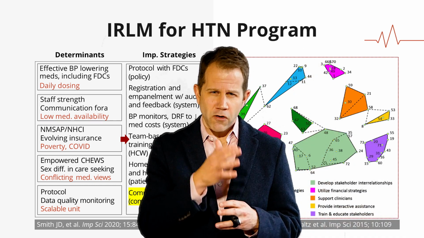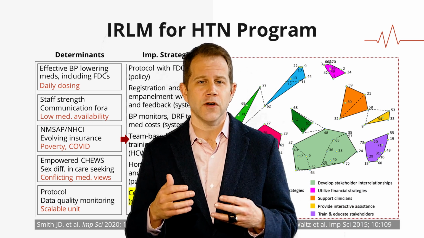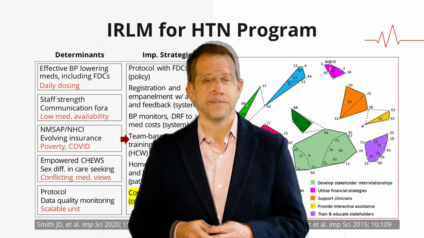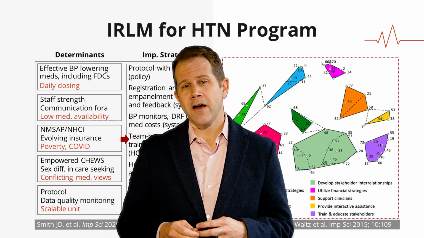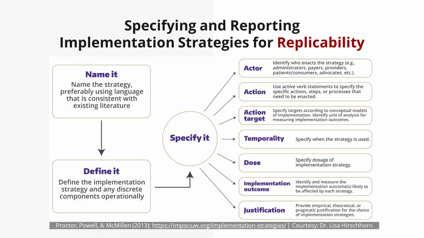So this clear crosswalking of the strategies to an existing nomenclature will be useful for when you say what your strategy is, so other people understand what you are talking about. It's also very important to think about how these strategies specifically work. So we talked about naming the strategy, preferably using language that is consistent with the existing literature, and then defining that strategy is the next step, and any discrete components operationally. When you break down your strategies, what's actually entailed in it?